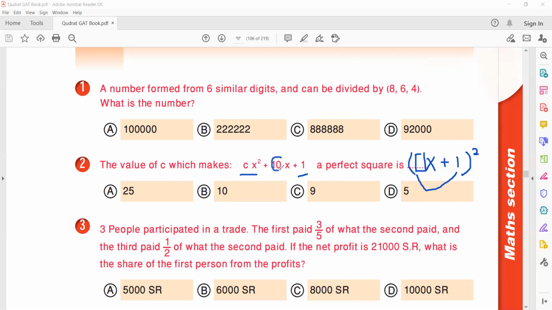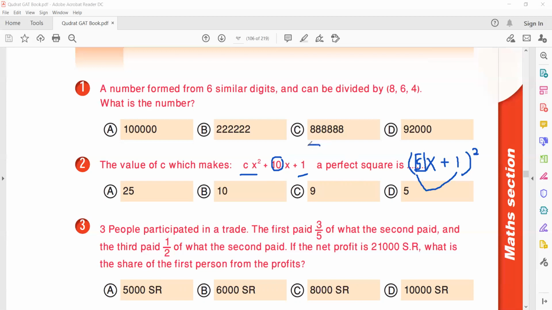So you go the opposite way, divided by 2, it is 5, divided by 1, it is 5. So you write 5 here, because 5 times 1 is 5, times 2 is 10.